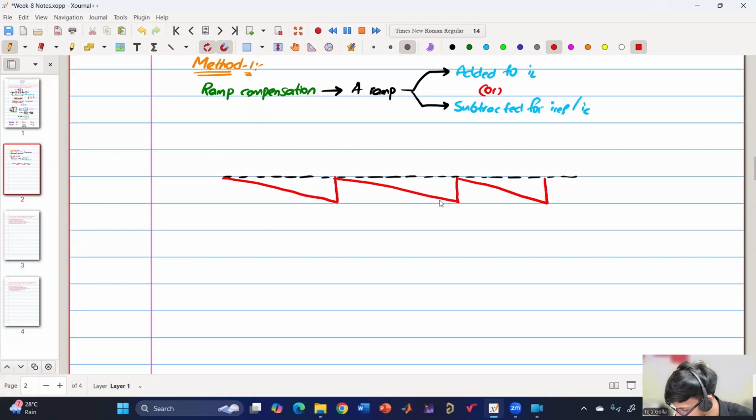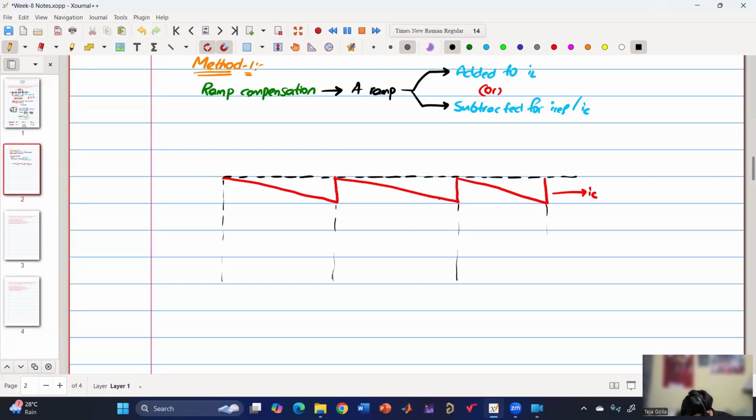So this is my IC. This is our previous IC, and this is IC minus ramp compensation, so the ramp is subtracted from this.